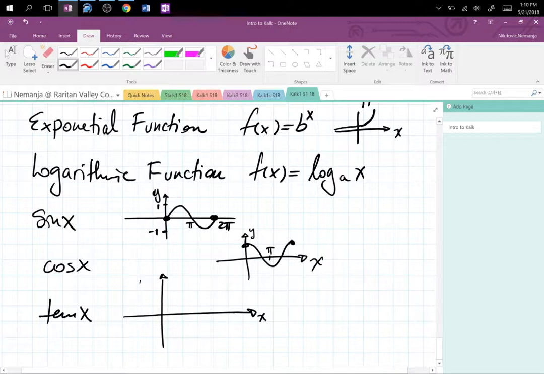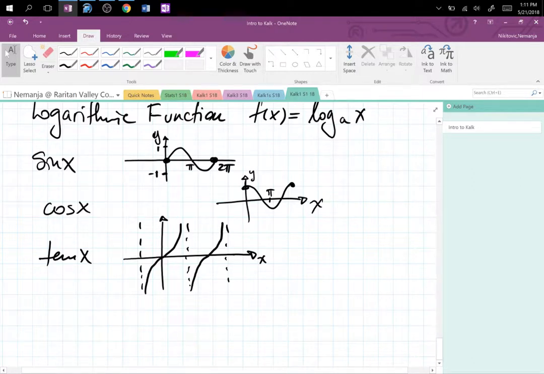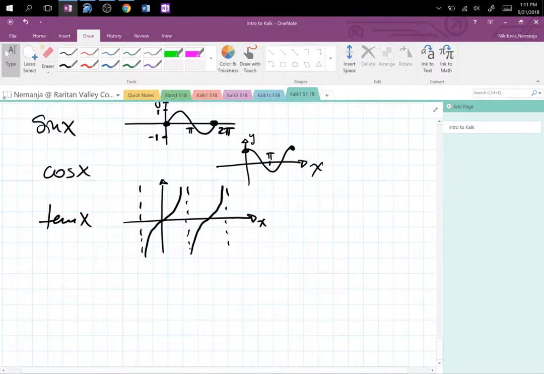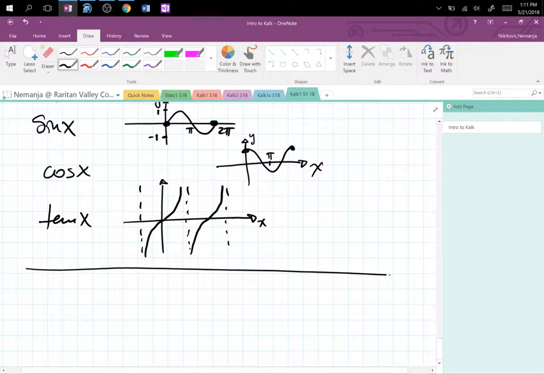So tangent x will have asymptotes, and there will be infinitely many of these to the left and to the right. So those are the basic functions. You shift them left, right, up, down, you reflect them. Stretch and shrink, as I said, not as noticeable and visible here, but we definitely can do that. So this is the list of things that you are going to see.